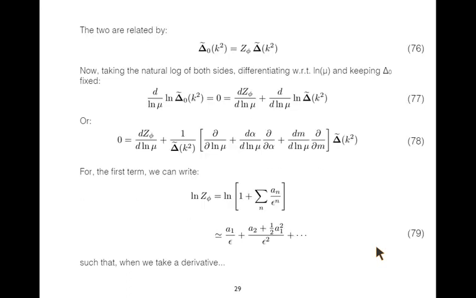So you do the same things. You take natural log, you take a natural log derivative, you argue that the bare propagator, which in theory includes all orders of perturbation theory, so it can't depend on mu. You argue that the thing is independent of mu, you set it to 0, and you take the derivative of this thing, the propagator, with respect to mu.